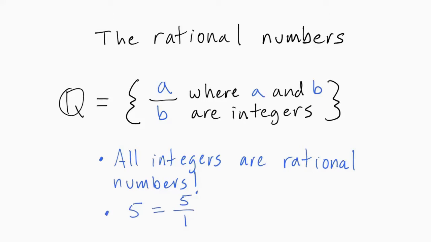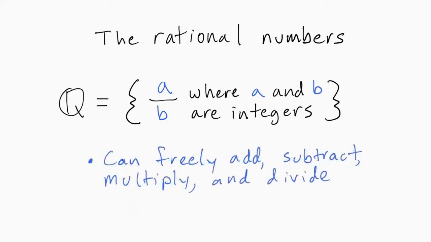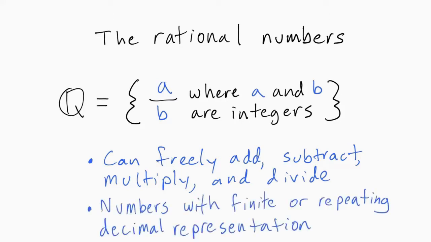The rational numbers have a number of friendly properties, like we can freely add, subtract, multiply, and divide rational numbers, and the result will always be a rational number. This makes the rational numbers what mathematicians call a field. Another way to conceptualize the rational numbers is as numbers with a finite or repeating decimal representation. Numbers like 4, 0.5, and 0.3 repeating all fit the bill.